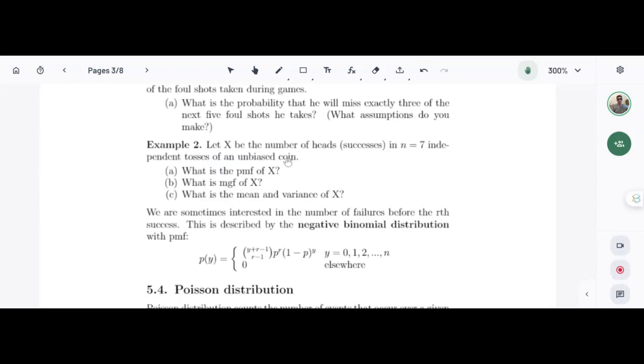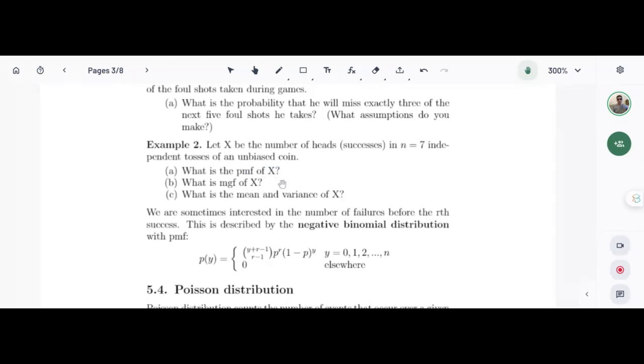We have to find the probability mass function of X, given you are tossing a coin 7 times.